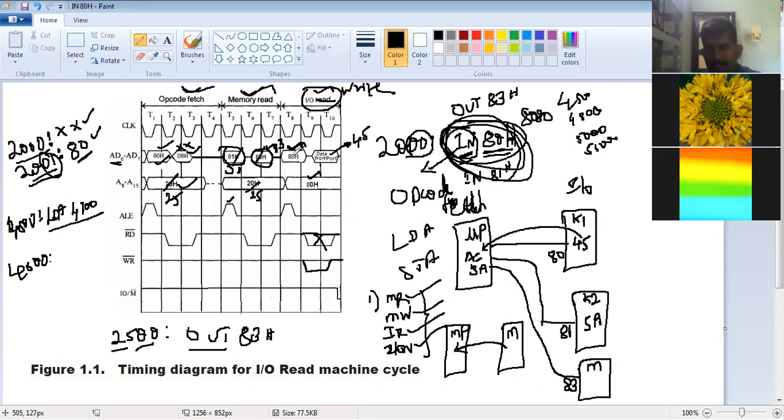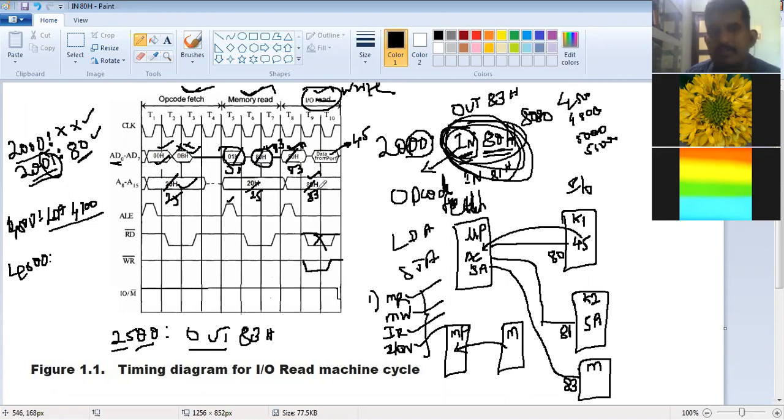Jashwant, you are right. What should I write here instead of this 80 for OUT 83? Satvik, Kannan. Okay. What about Hiba? 83 will come.